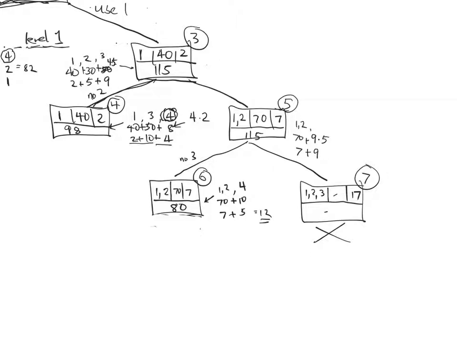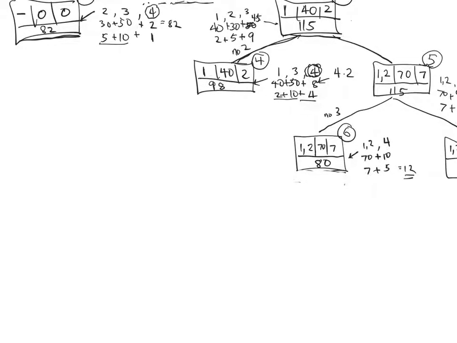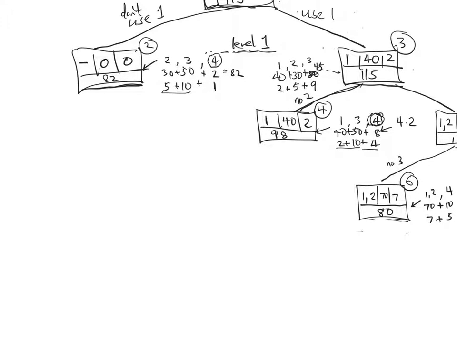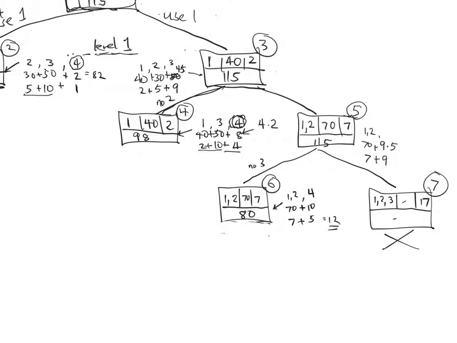It's interesting that we've used all the possible items to make the $80 at this point. But technically the algorithm doesn't realize that yet. Okay, so this guy's pruned. This guy's at 80. His bound is 80. And then we have a bound of 98 and a bound of 82. So not surprisingly, we go over here and pursue this one.